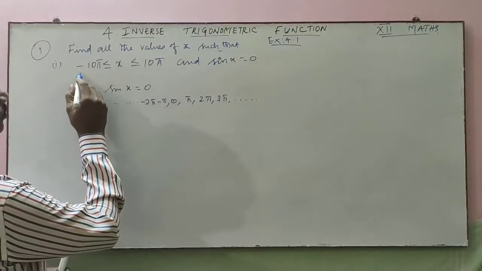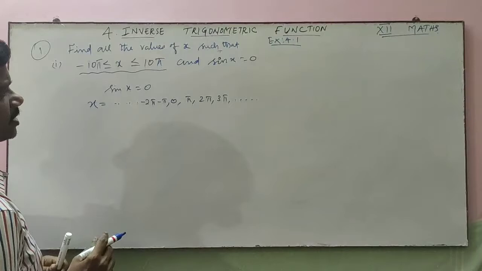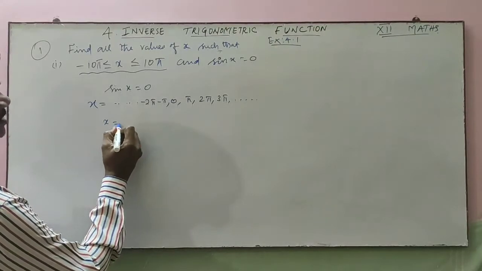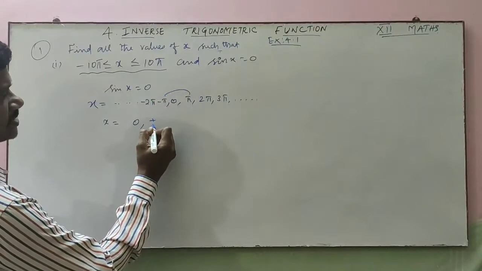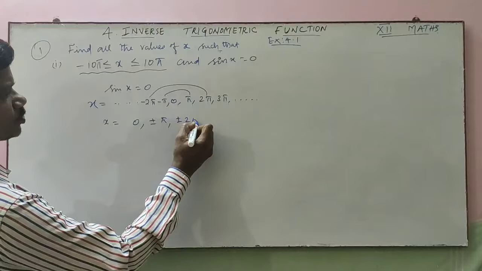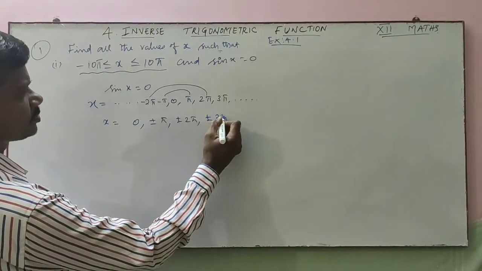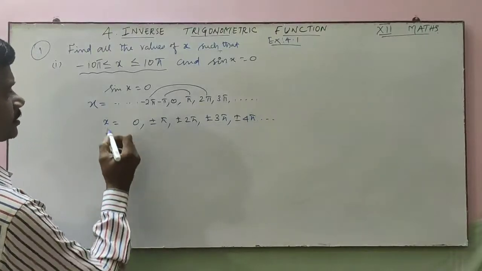So we have to restrict the value between minus 10 pi to plus 10 pi. So the value of x is 0. If I combine these two, I can write this as plus or minus pi, plus or minus 2 pi, plus or minus 3 pi, plus or minus 4 pi, like this.